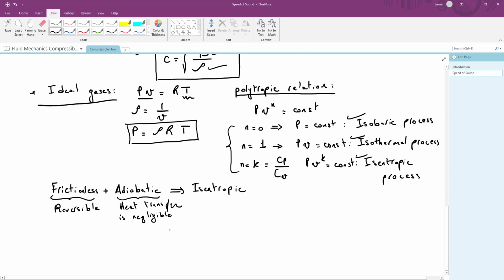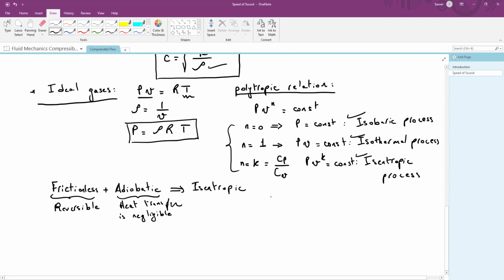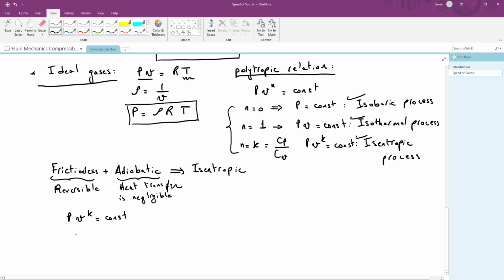So let's go back. When we have an isentropic process, it means that PV^K is equal to a constant. In terms of the density, we can say this is P over rho to the power K equal to a constant.